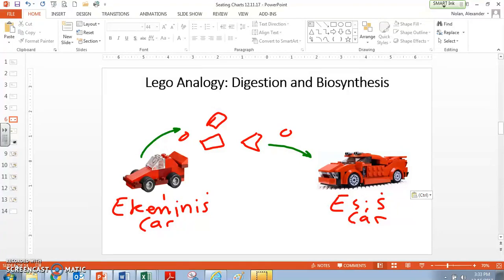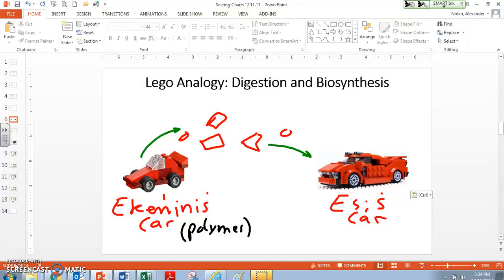Akemene is upset. So how does this have to do with digestion and biosynthesis? Well, let's think about the processes involved in digestion and in biosynthesis and get a sense for how this is like that. Akemene's car is made out of many pieces. It's a large object made of many pieces. So Akemene's car is kind of like a polymer.